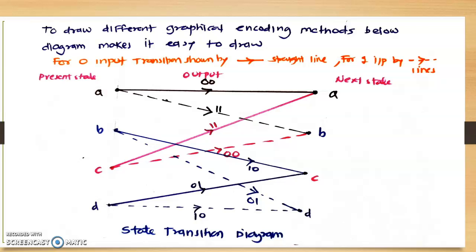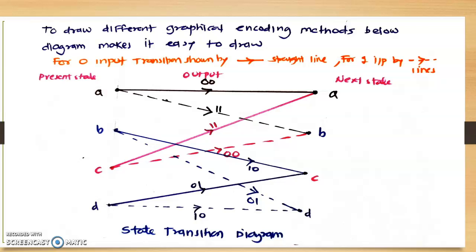In this diagram, when my A has a 0 input, I will have a transition from A to A with the corresponding output 0 0, and as the input is 0, I will show it by the straight line. When A has a 1 input, my transition is from A to B with the corresponding output 1 1. When B has a 0 input, the transition is from B to C with output 1 0. When B has a 1 input, the transition is from B to D with output 0 1.